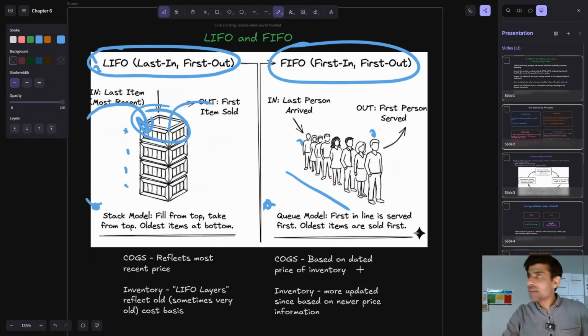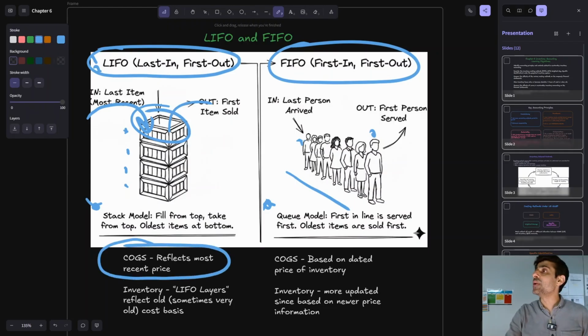If we use LIFO as our costing method, the cost of goods sold is going to reflect the most recent price of our inventory, because as soon as we get inventory in, we're going to use that price as the cost of goods sold, because again, it's LIFO, right? So if we paid, let's say, $1 for these, $2 for these, 3, and then 4.